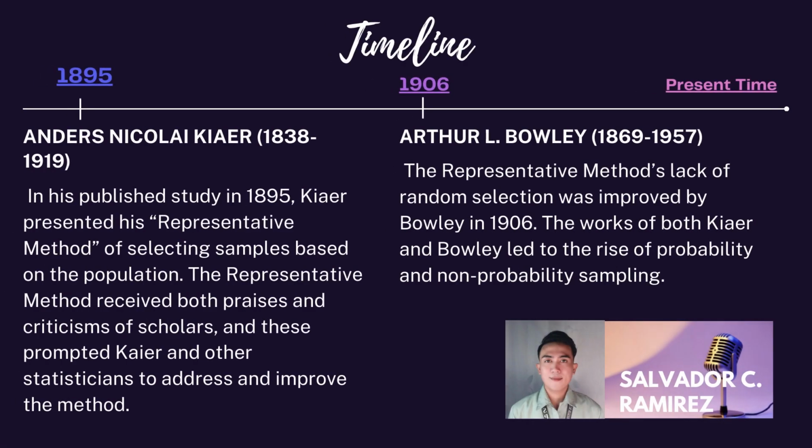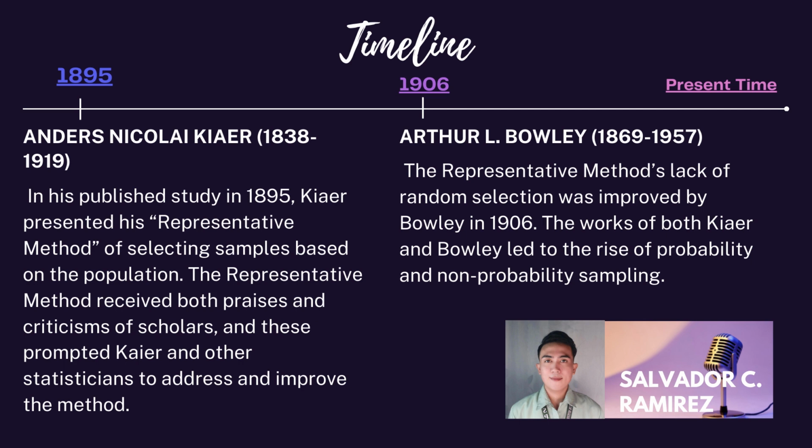Here is a timeline of the representative method or the method of sampling. 1895. Anders Nikolai Kiaer, born in 1838 and died in 1919. In his published study in 1895, Kiaer presented his representative method of selecting samples based on the population.